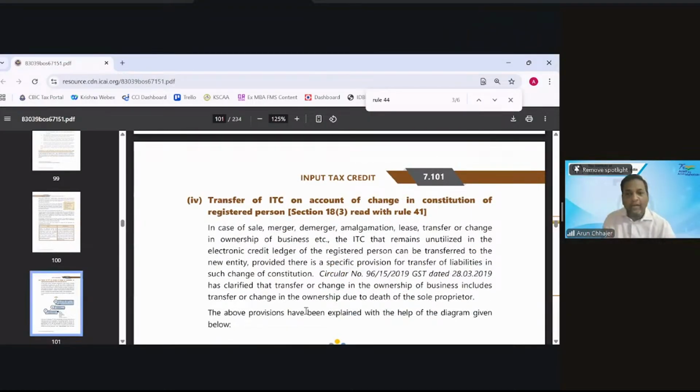Now I like to highlight one circular 96. We have read 18 subsection 3. 18 subsection 3 is in front of you, and I like to highlight only one line.